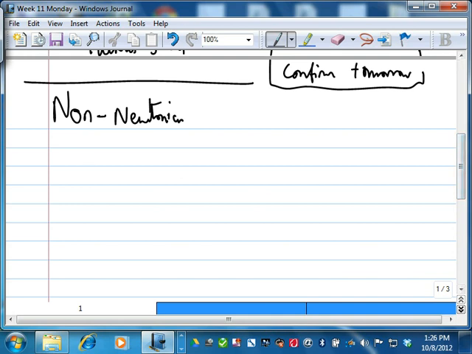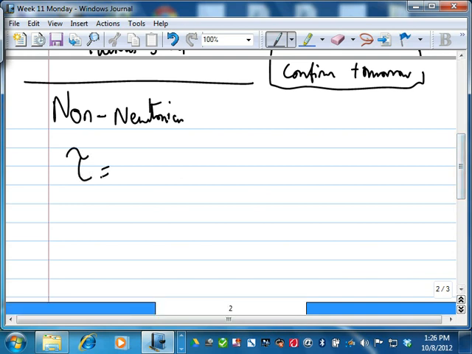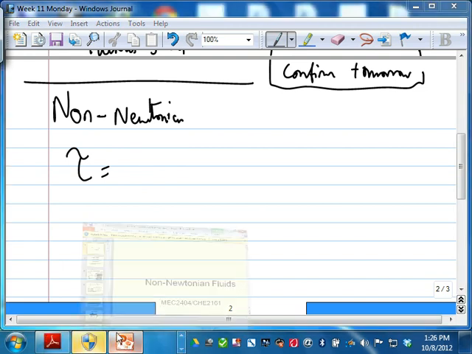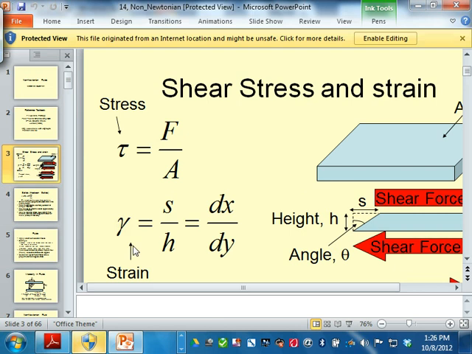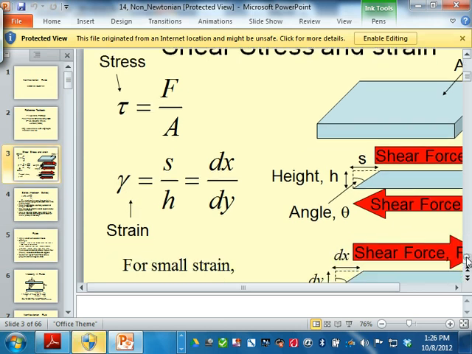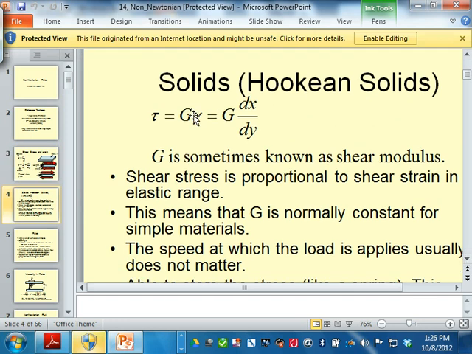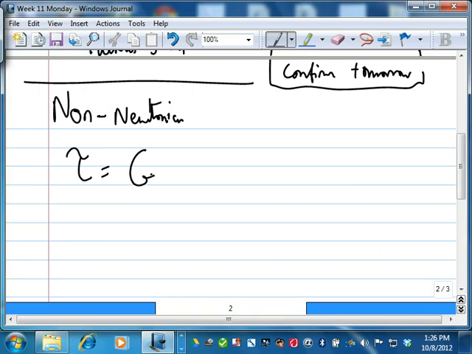For solid mechanics, shear stress is equal to G, the shear modulus, times strain, which is dx on dy. Shear stress is your force per unit area.